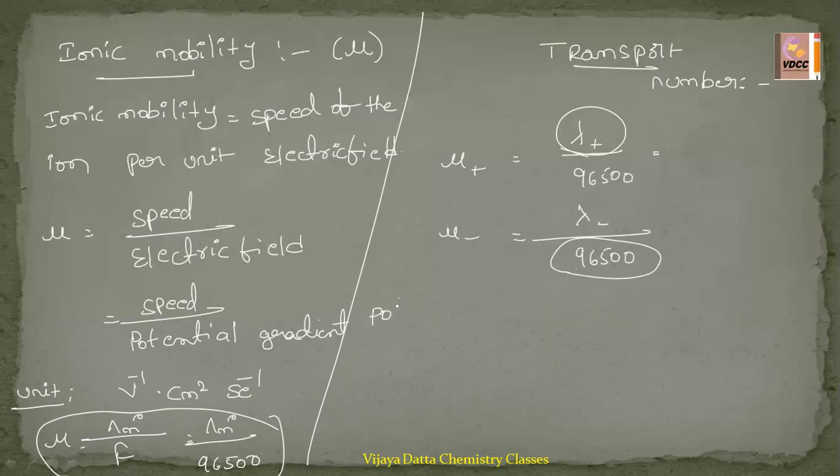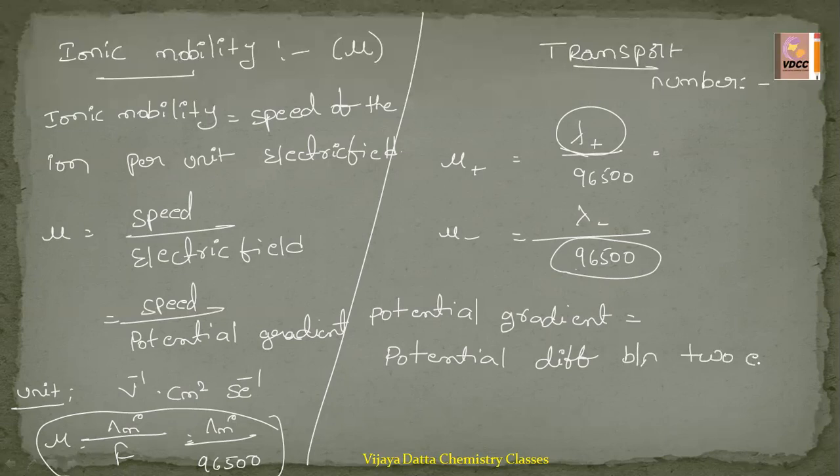What is meant by this potential gradient, you can ask. Potential gradient is the potential difference between two electrodes by the distance between the electrodes.